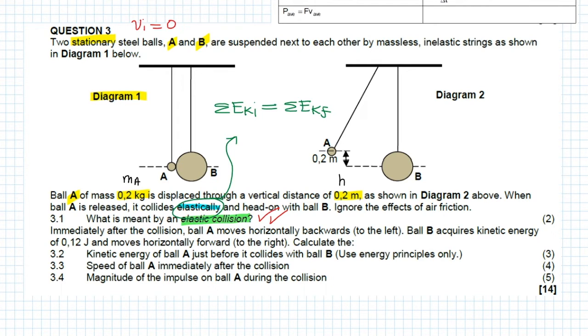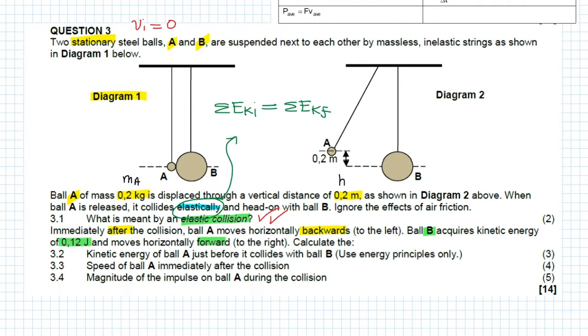Now the question says, immediately after the collision, ball A moves horizontally backwards, or to the left. Ball B acquires a kinetic energy of 0,12 joules and moves horizontally forward, that is to the right. Now we need to calculate a few physical quantities.